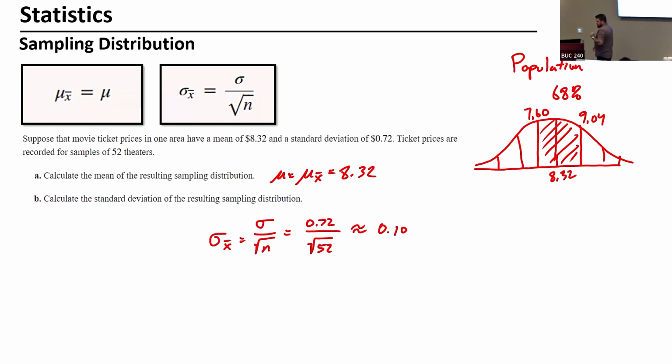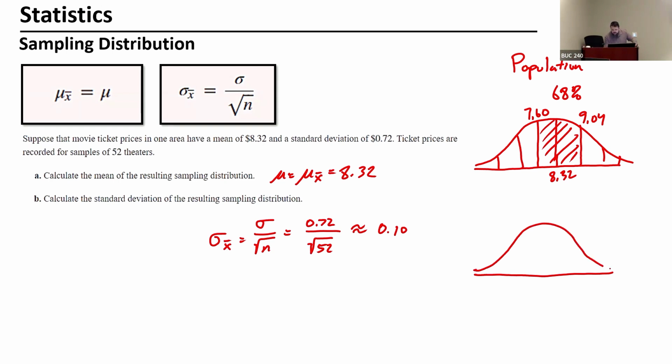Okay. Well, notice if you look at it this way, remember, this is conceptual. You still got a normal curve. And what the central limit theorem is saying is, let's be honest, I don't know if my population actually creates a normal curve. It could create a logarithmic curve. It could be normal. Who knows?